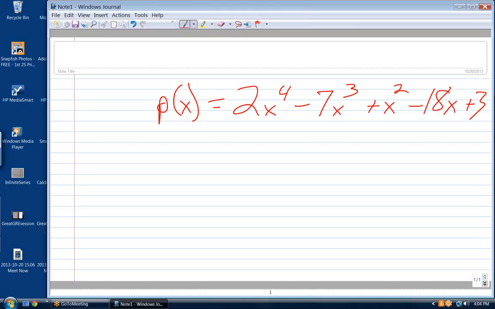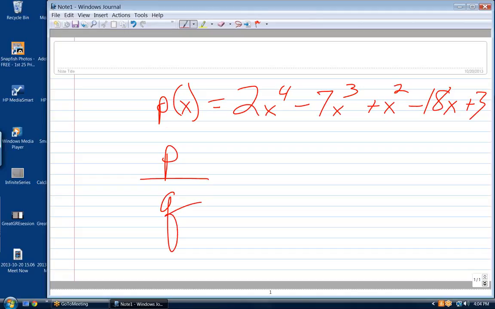What else are you doing with polynomials like this? You must be using the rational factor theorem. You know what the rational factor theorem says? P over Q? Yeah.